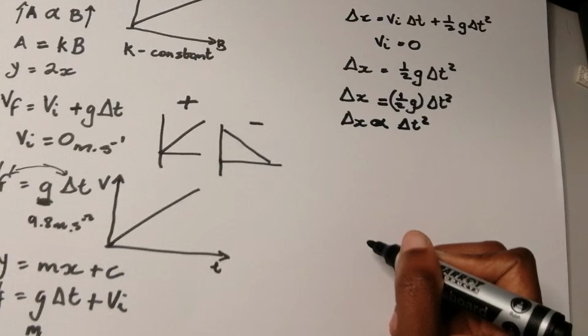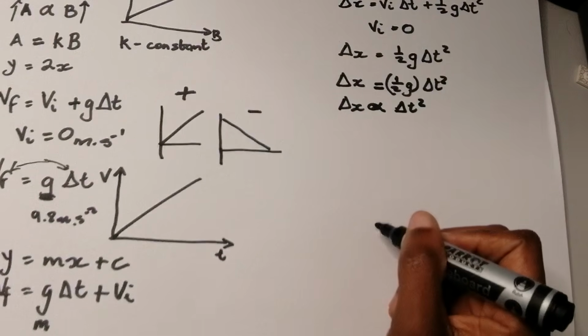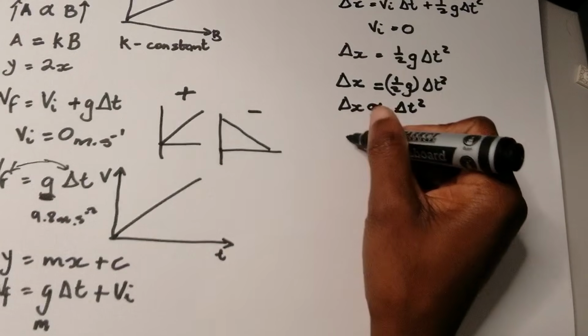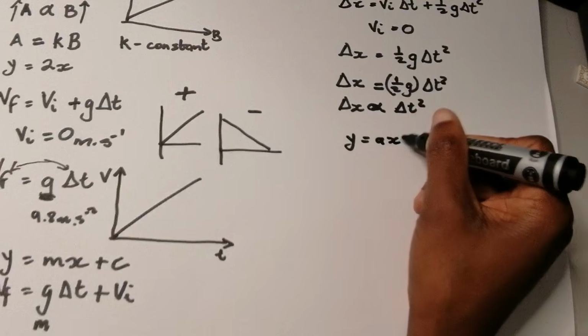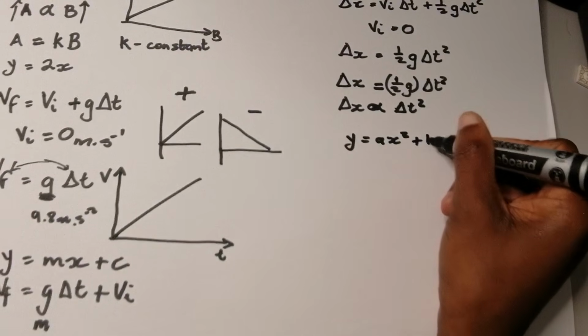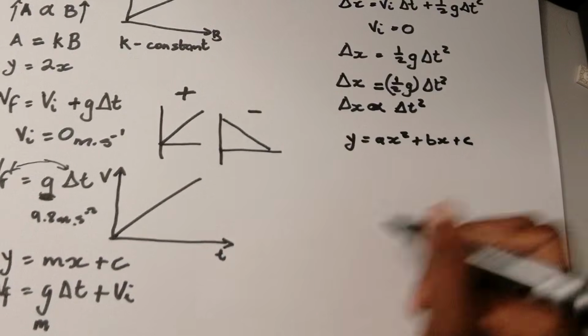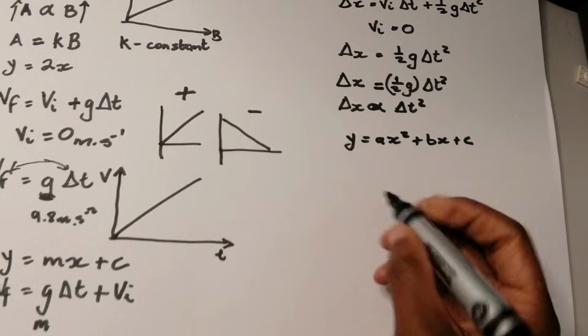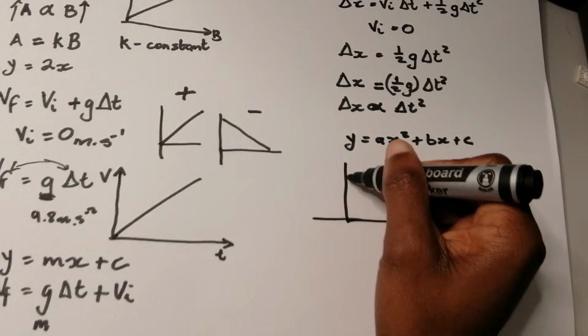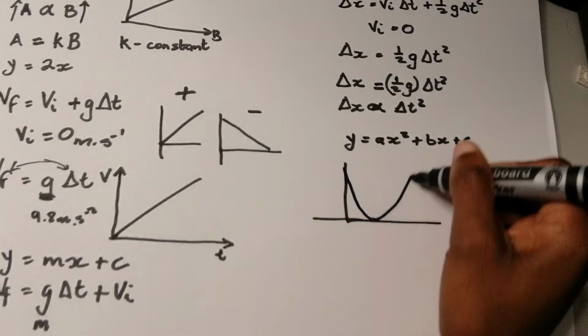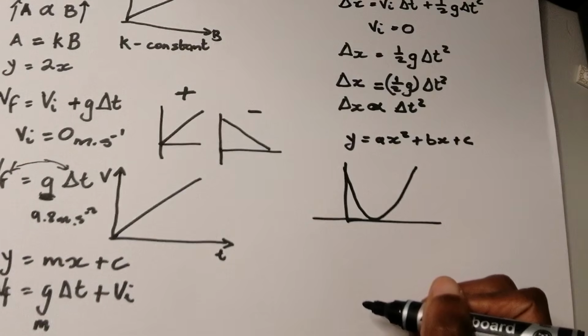To t squared. Now if you think about the type of graph that you would have in maths, when you've got y equals ax squared plus bx plus c, what type of shape is that? It's a parabola. You're quite right. It would be this kind of graph.